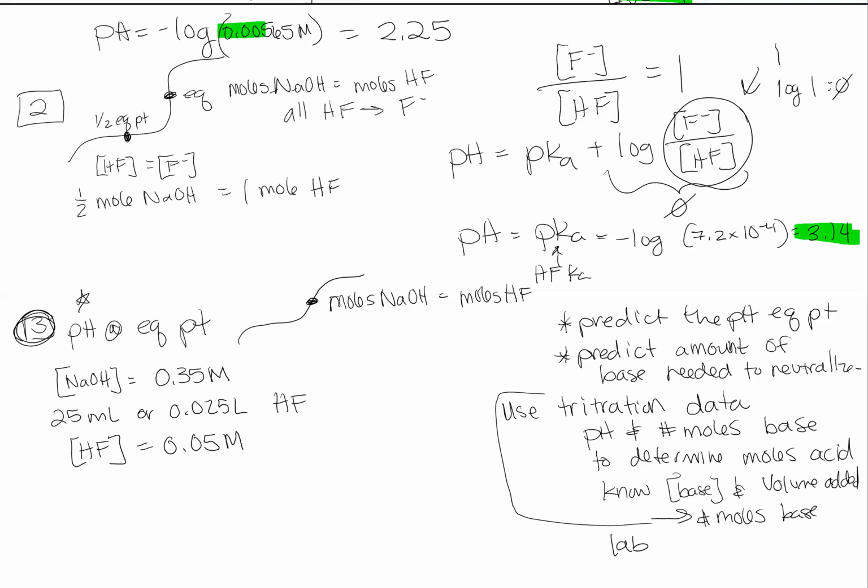So we're going to use this information to calculate our pH at the equivalence point, along with our Ka of hydrofluoric acid, which is 7.2 times 10 to the negative 4th. So this is information that I'm going to use from our problem.